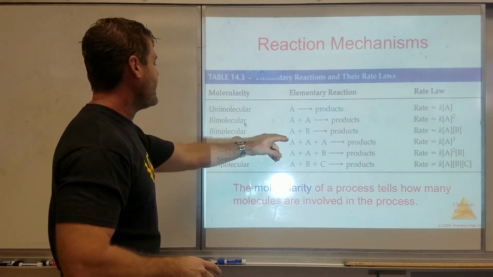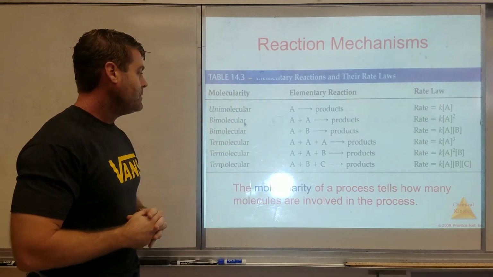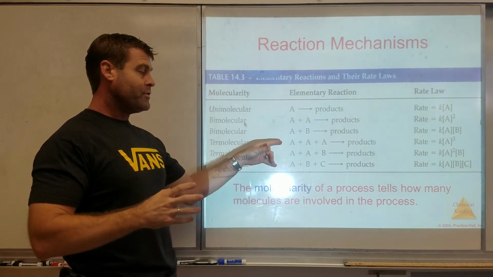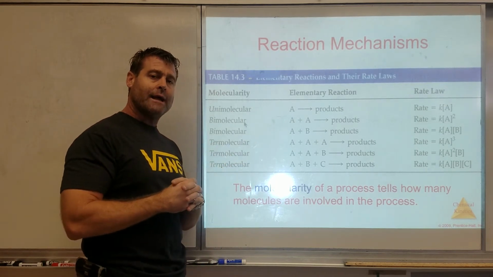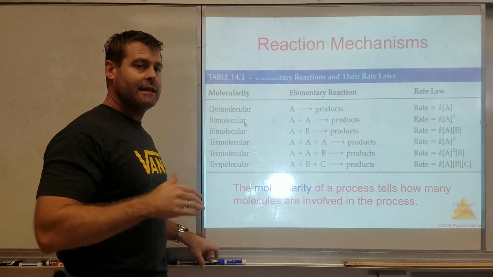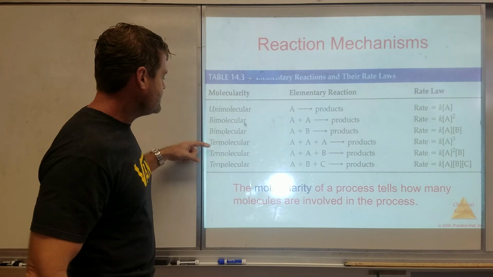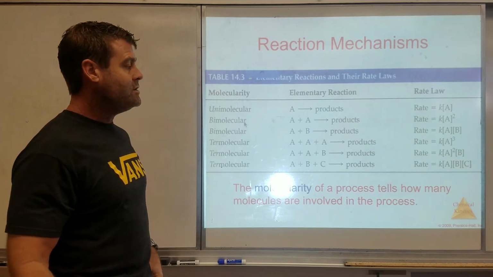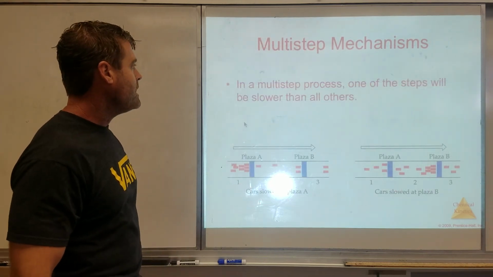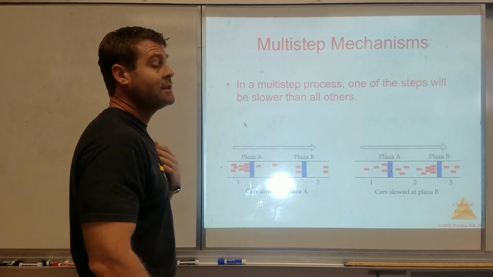So usually when you have three different reactants involved in a reaction, that typically indicates there's more than one step, that it didn't just happen with three things occurring, because this situation is generally pretty rare. So in a multi-step process, one of the steps will be slower than all the others.